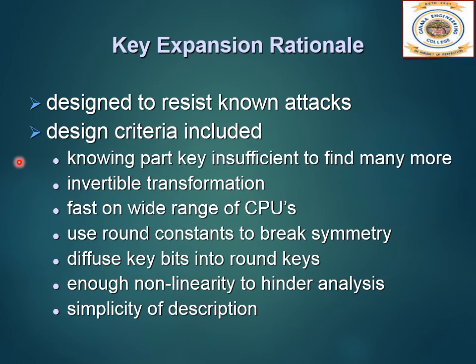The specific criteria that were used are, first, knowledge of a part of the cipher key or round key does not enable calculation of many other round key bits. It is an invertible transformation, meaning knowledge of any Nk consecutive words of the expanded key enables generation of the entire expanded key. It has speed on a wide range of processors.